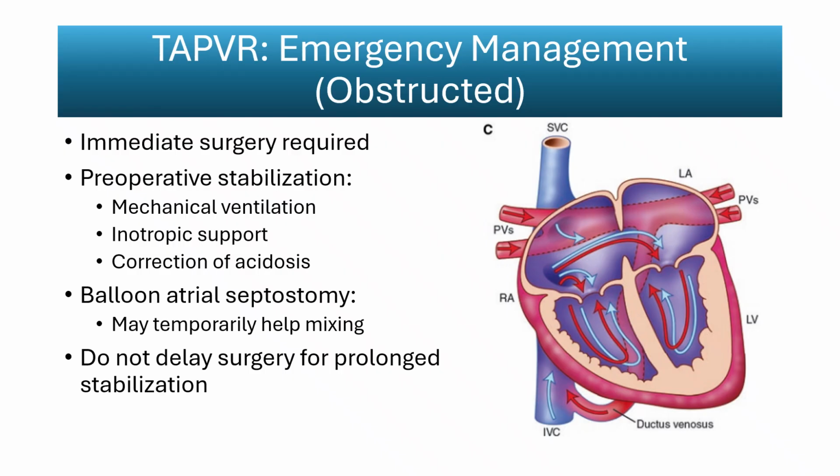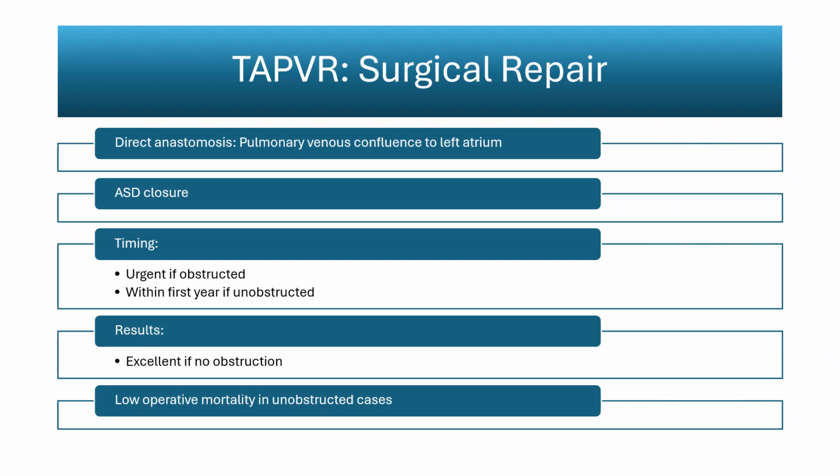The principle is clear. Obstructed TAPVR is a surgical emergency, and definitive repair must not be postponed once the diagnosis is made. Definitive repair of TAPVR creates a direct pathway for pulmonary venous return to reach the left atrium. The pulmonary venous confluence is surgically anastomosed to the left atrium, and the atrial septal defect is closed to prevent persistent right-to-left shunting.